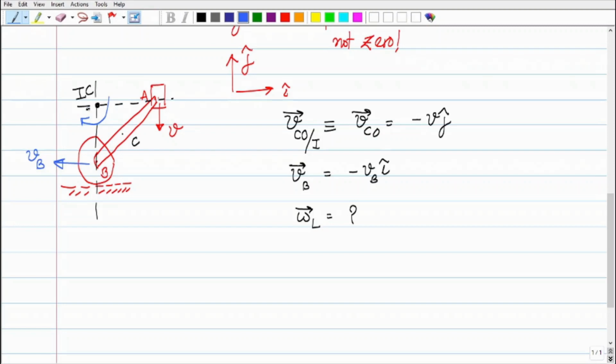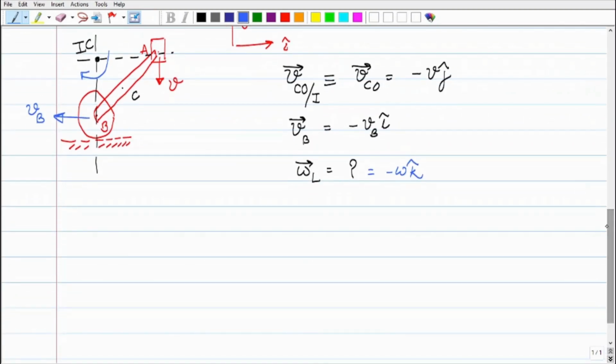Then only the velocities at A and B will have this direction. So clockwise meaning what? It's going into the paper, so that's minus omega k. But what is omega itself? How do we find out omega?